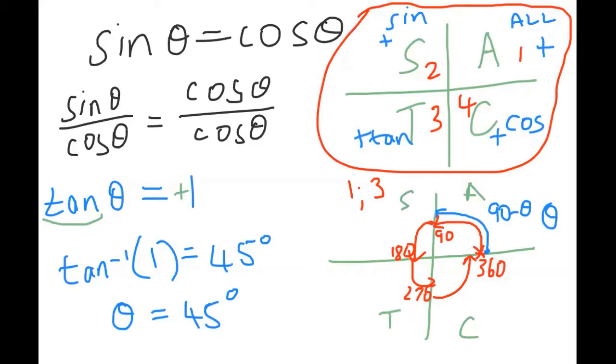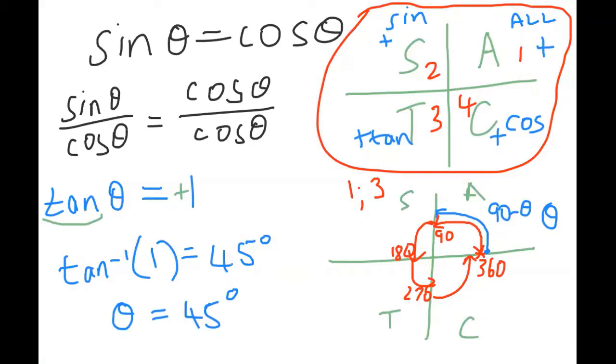In the first quadrant, you have all the way to 90, but if theta is, let's say, 20, that means 90 minus theta is 70. It's going to be in this quadrant. So the 90 minus, I go back that way.